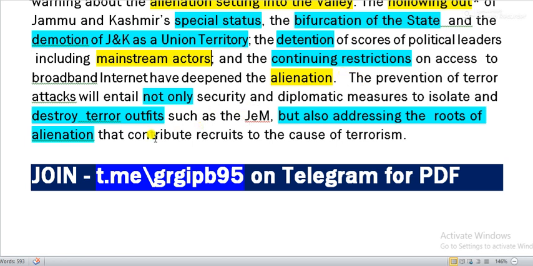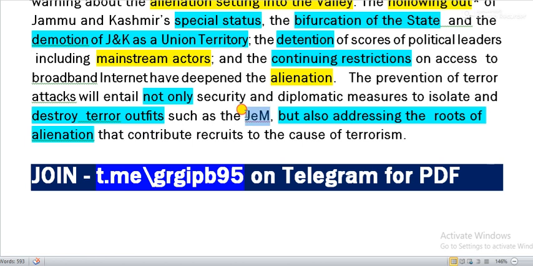Prevention of terror attacks will give not only security and diplomatic measures to isolate and destroy terror outfits. So, the administration and the military together can now isolate, can pinpoint the terror outfits and destroy them, such as JEM.